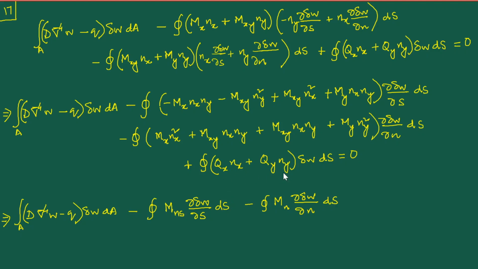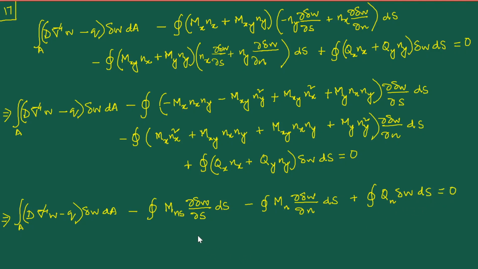Furthermore, this last term qxnx plus qyny, that I'm writing as qn delta w ds equal to 0.